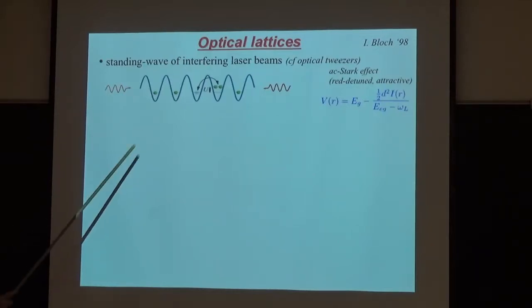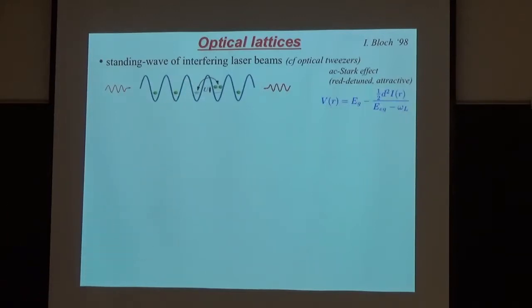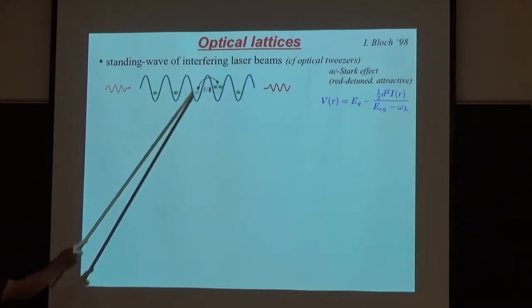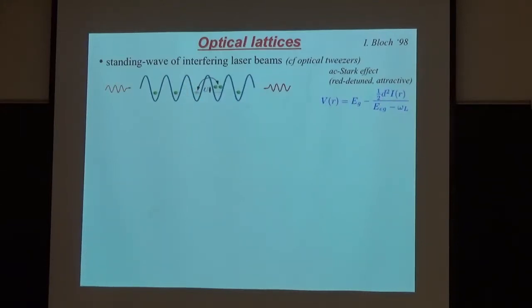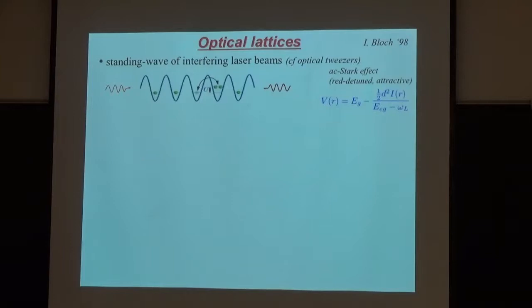If you make the wells very deep, the interaction is still the same when two atoms are on the same site, but the hopping matrix element, the kinetic energy, the bandwidth, you've reduced from infinity in the continuum down to whatever the hopping matrix element is. You can make it as small as you want by simply increasing the intensity of counter-propagating laser beams that create a standing wave that traps these atoms in this periodic potential.